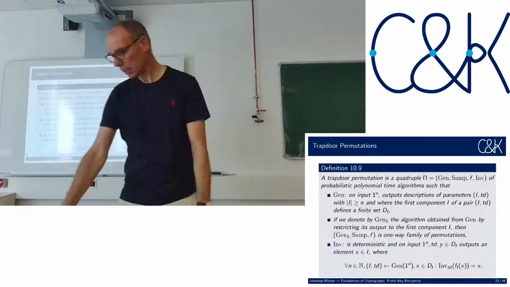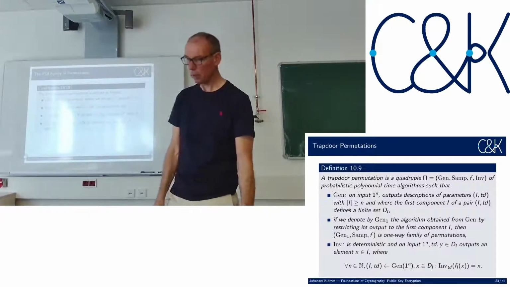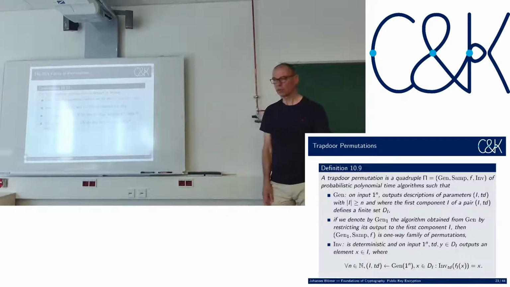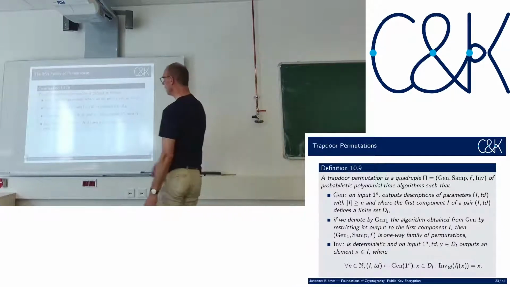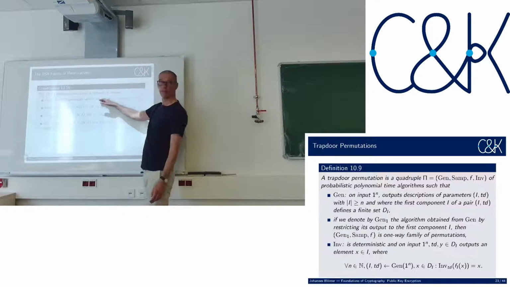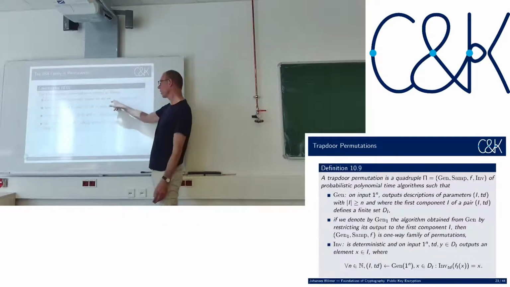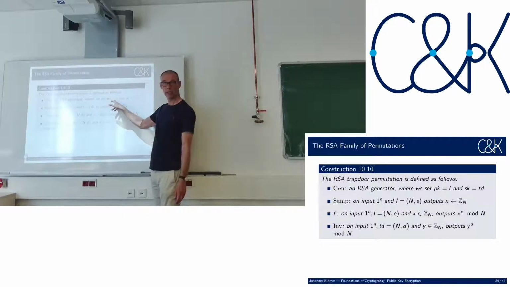An example of a trapdoor permutation family is RSA. Here we have an RSA key generator. The instance parameters are the public key that the RSA generator creates. The trapdoor is the secret key.